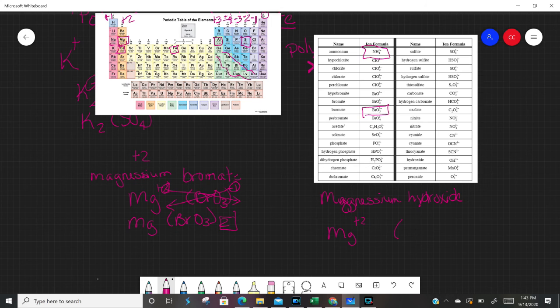It is right here, OH with a -1 charge. So this will go here. This will go here. So Mg(OH)2. And keep in mind that's very different than MgOH2. That is incorrect. This tells me I have 2 OHs. This just tells me I have 2 H's. So keep those parentheses in place when possible.